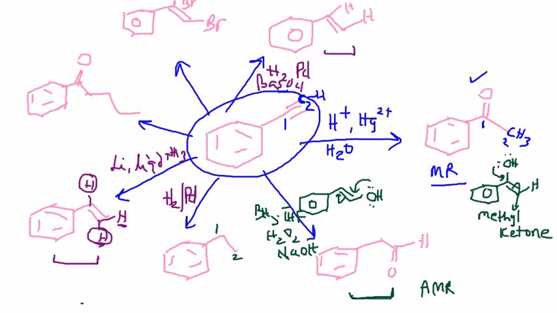You can write it either or. On the other hand, if you had an alkyne, like an internal system in which you did have the option of getting a trans versus a cis, you should be sure to follow the correct reaction condition.